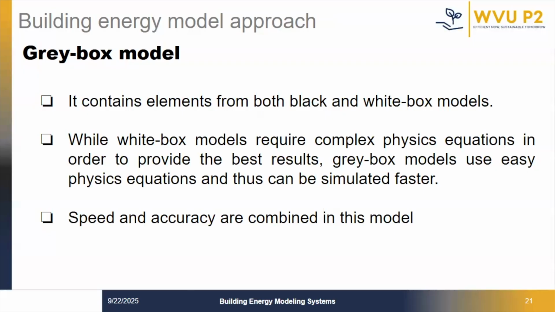By blending these easier physics-based equations with data-driven calibration, the gray box approach successfully combines computational speed with reliable accuracy, making it a highly practical solution for building energy modeling where both efficiency and precision are important. For example, if there is a retrofit project with some operational data, a gray box model can quickly evaluate its heating, ventilation, and air conditioning upgrade options.